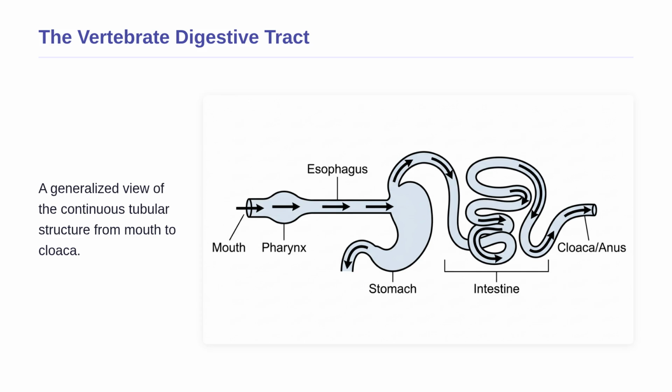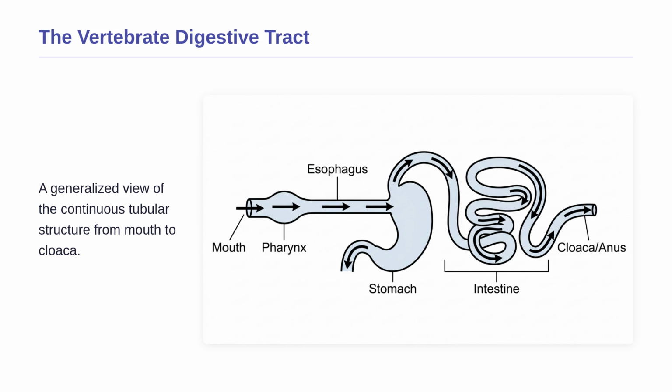Having calculated how long food spends in the system, let us visualize the pathway itself. Here you are seeing a generalized schematic of the vertebrate alimentary canal. Notice the unidirectional flow indicated by the arrows. Food enters the mouth on the left, passes through the pharynx and the narrow esophagus, and enters the expanded stomach where initial chemical digestion occurs.